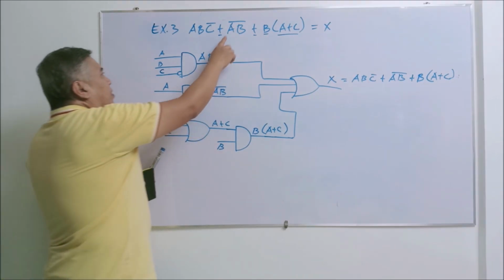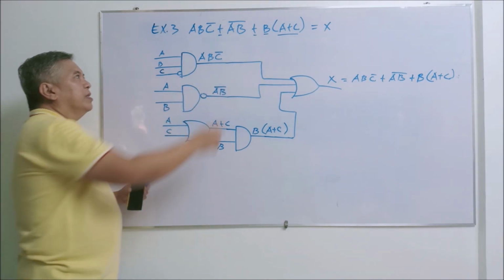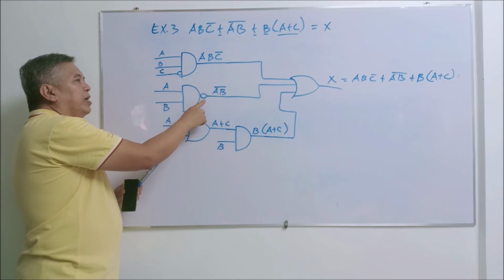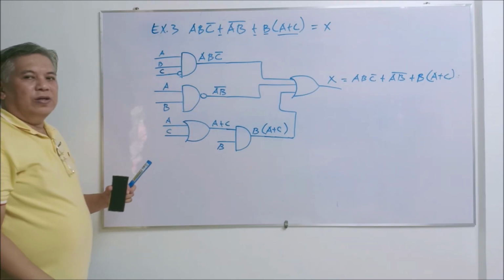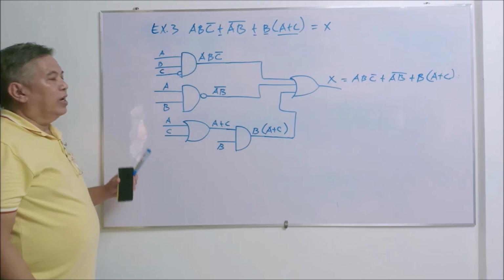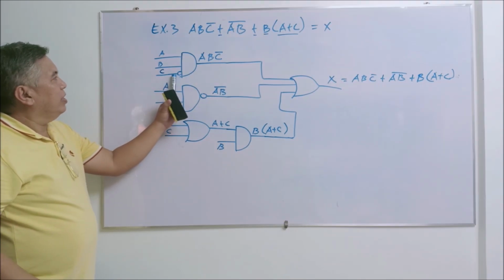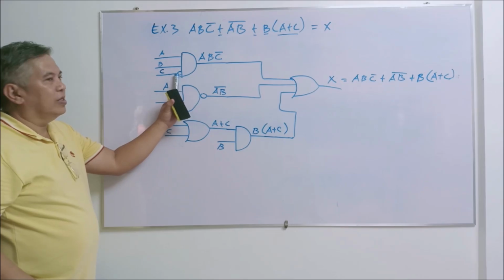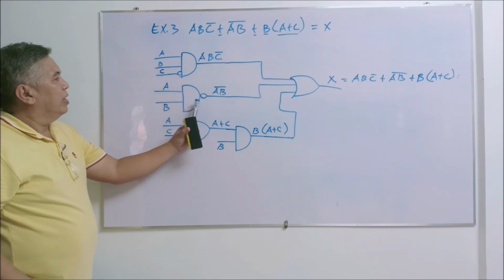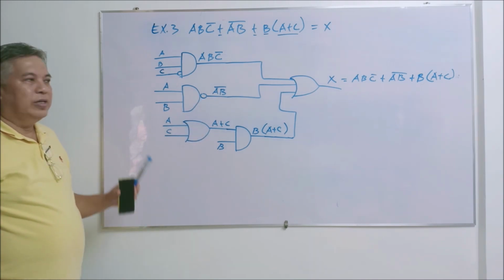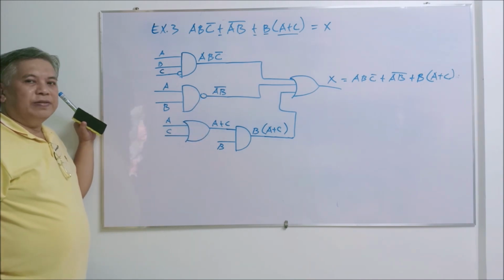While if both inputs are complemented, like this one, then the inverter is placed at the output part of your gate. So in this case, C complement is represented by this one. And then you have AB complement, which is represented by the NAND gate.